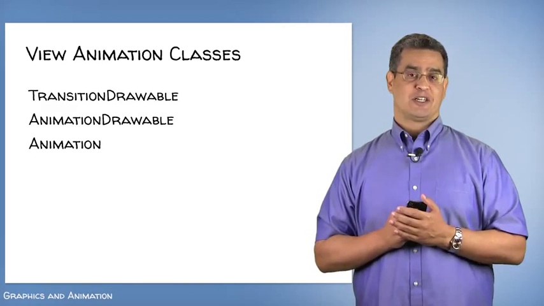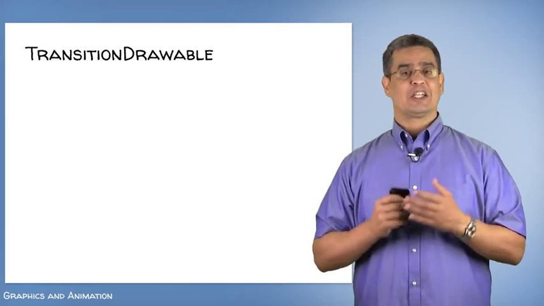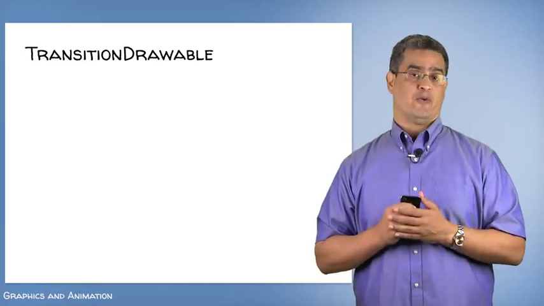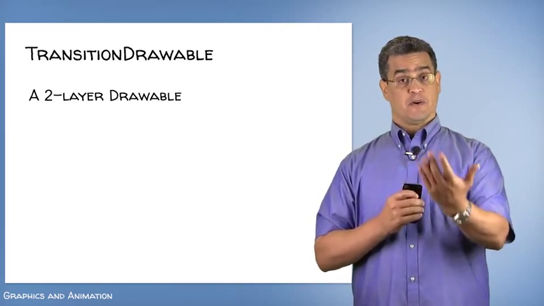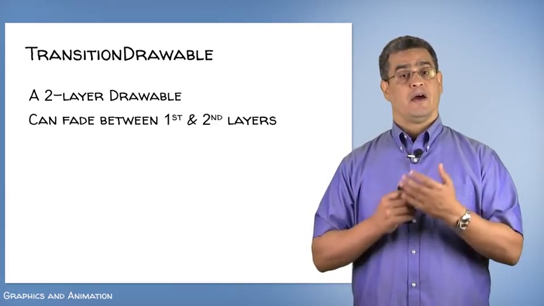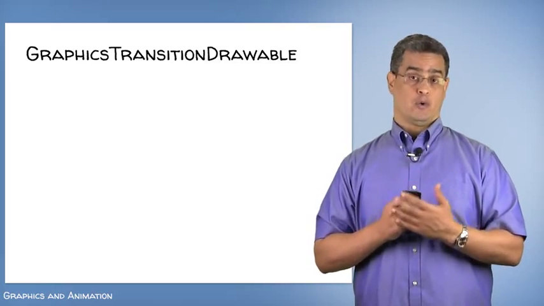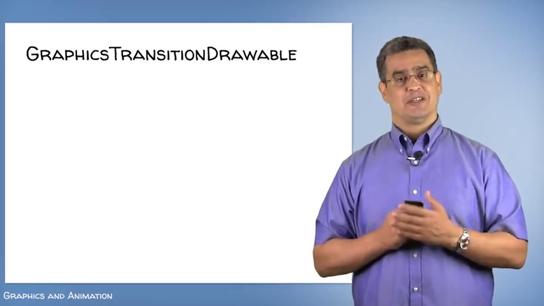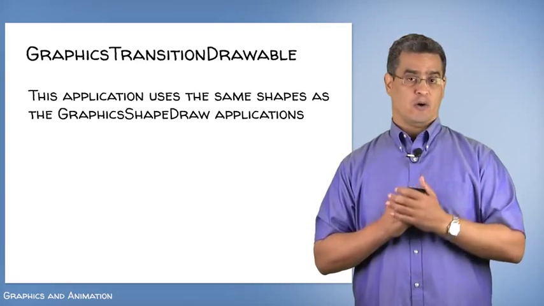The first animation class we'll discuss is the transition drawable. This class specifies a two-layer drawable, and when it's displayed, the user sees the first layer and then a bit later sees the second layer. Our example application is called Graphics Transition Drawable, and this application takes us back to the graphics shape draw applications that we saw earlier.